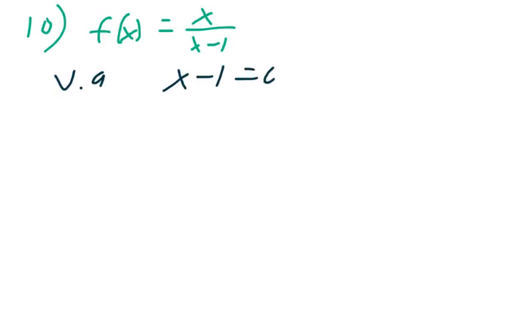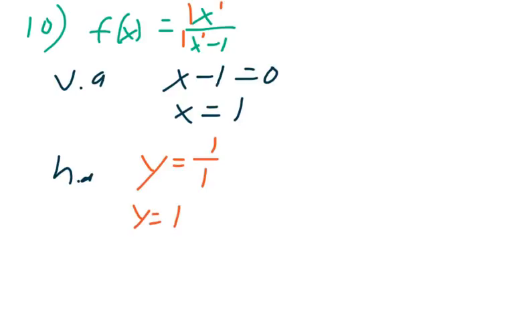Alright, the last problem for this one says f of x equals x over x minus 1, and we want the asymptotes. So first I'm going to do the vertical asymptote, which is when you set the bottom equal to 0, which means x is equal to 1. For the horizontal asymptote, this has an exponent of 1, this has an exponent of 1, so we take the numbers in front, so we got y equals 1 over 1, which is y equals 1.